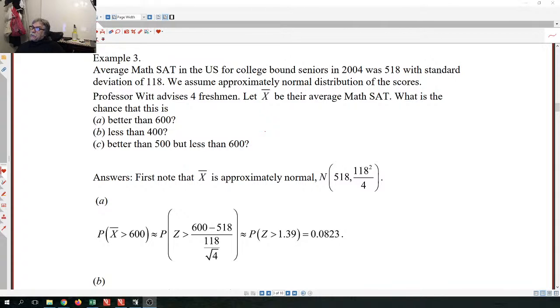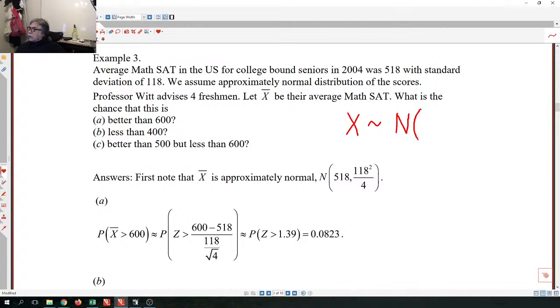We would have a normal distribution of the scores even for the year 2004. So that X, the single score of a student, would be distributed approximately normal.